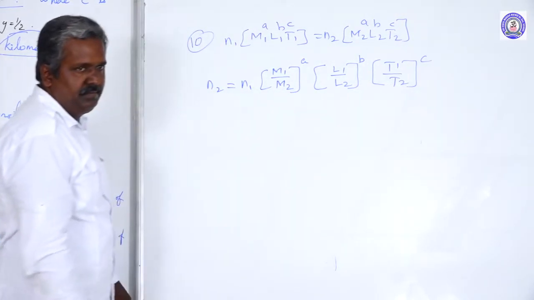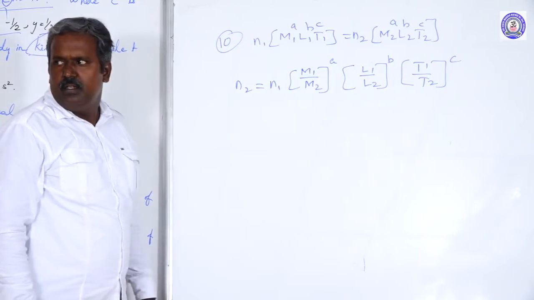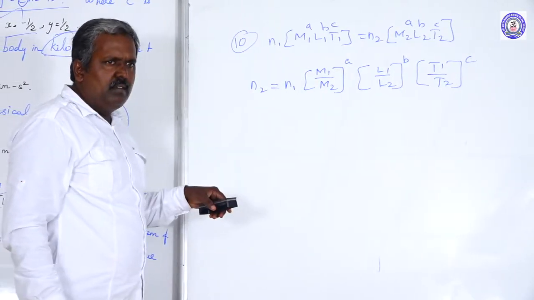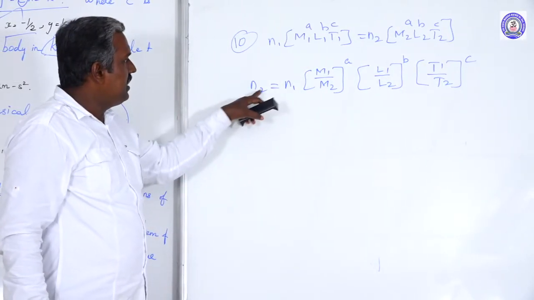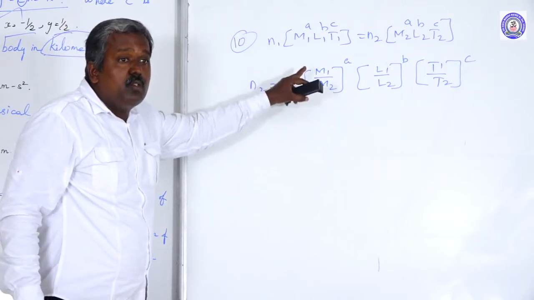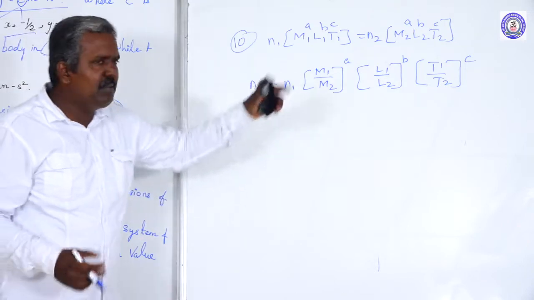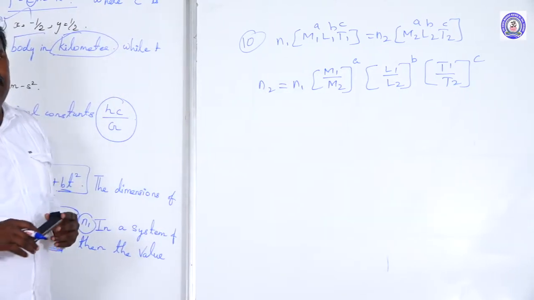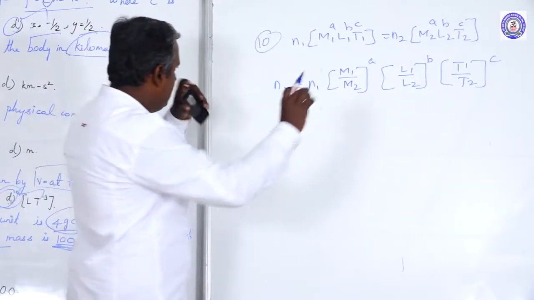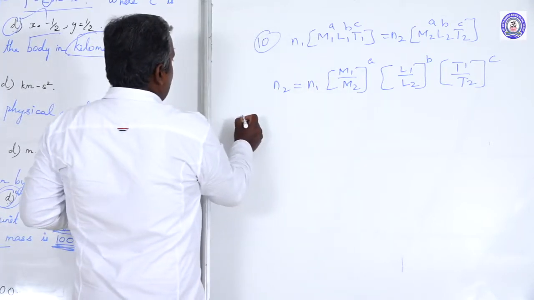Clear? Then here we want to calculate N2 value with the help of N1 and also the powers a, b, c. How do you find out the values for powers a, b, c? With the help of dimensional formula.